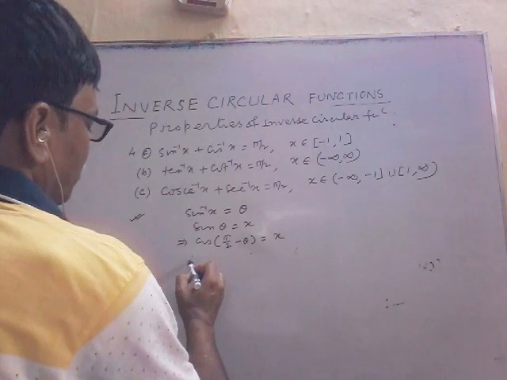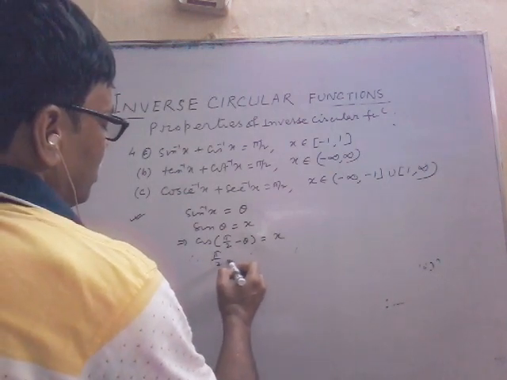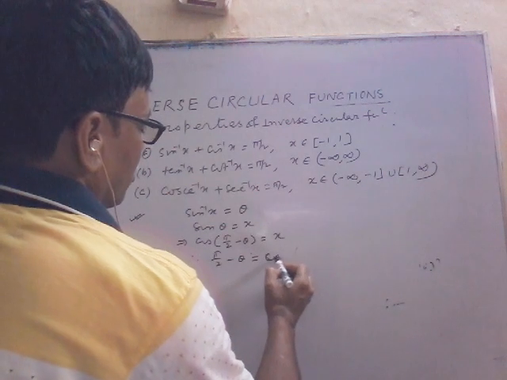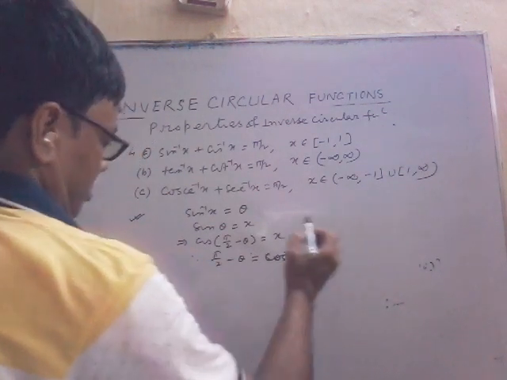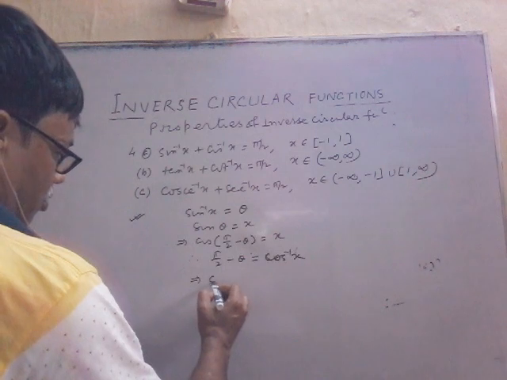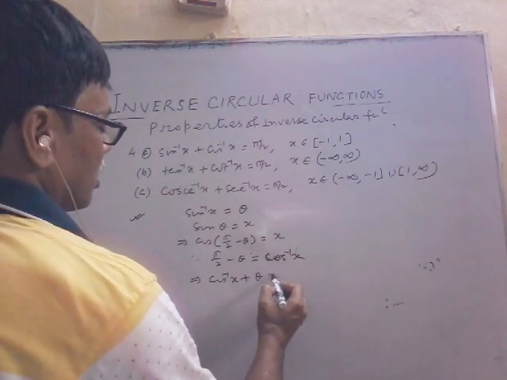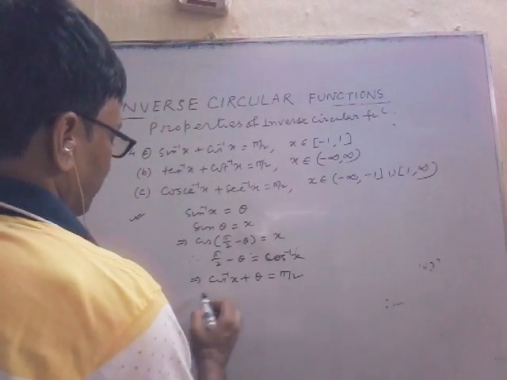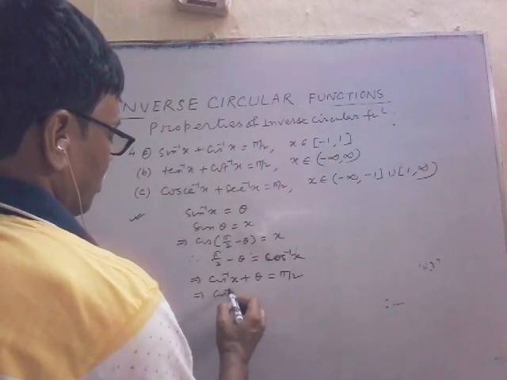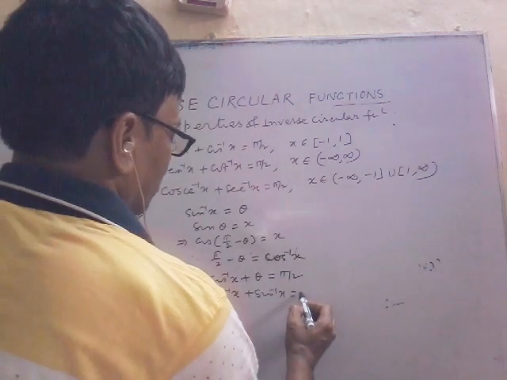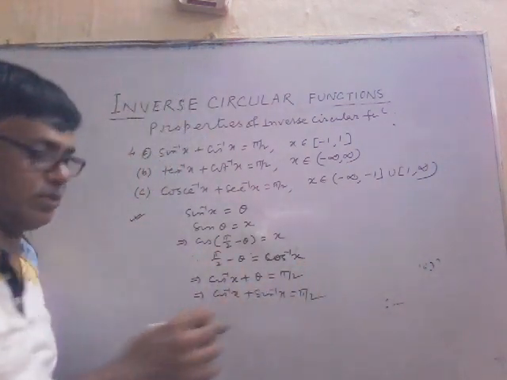So therefore, use the definition, this is cos inverse x. So cos inverse x plus theta equals pi by 2. So cos inverse x plus sine inverse x equals pi by 2.